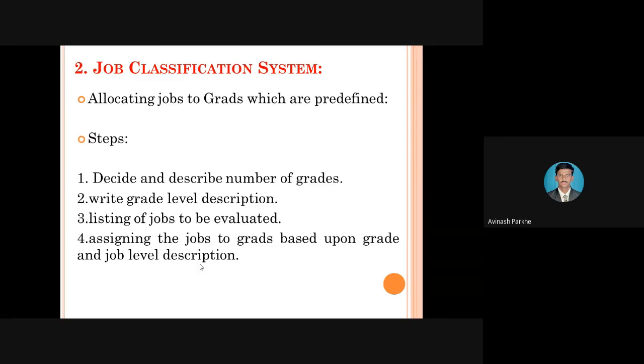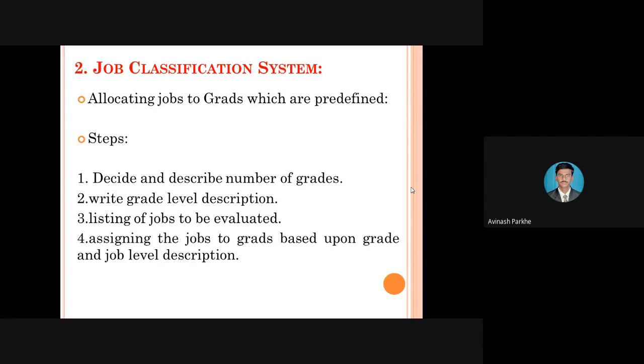But when your number of jobs increases, then I use the job classification method, where instead of ranks, I use grades based on performance. First of all, I have to decide the grade numbers. Then I have to decide the description of each and every grade. Then I have to list out the jobs. And at the end, I check the performance of each and every job and give the grade.